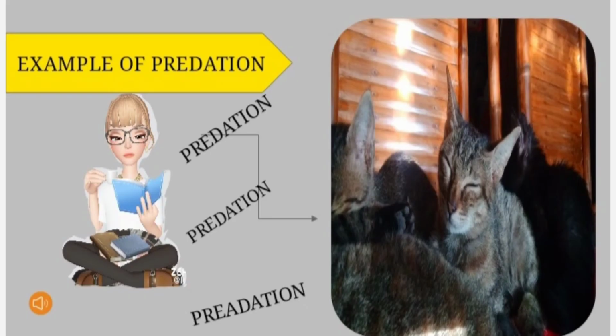Since it is already understood that the predator and the prey is a very common interaction among species, this picture shows an example of the second interaction among species, which is predation. Actually, there are many different kinds of examples of predation, but here only one is provided, which shows the predator and the prey, the cat and the mouse.